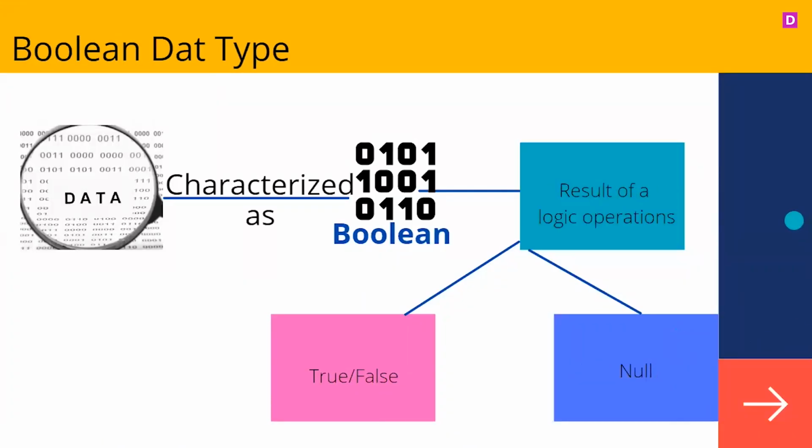All right, the next data type is your Boolean data type. As the name denotes, whenever you're performing some kind of relational calculation, say, if it is cloudy and raining, then I eat bhaji.